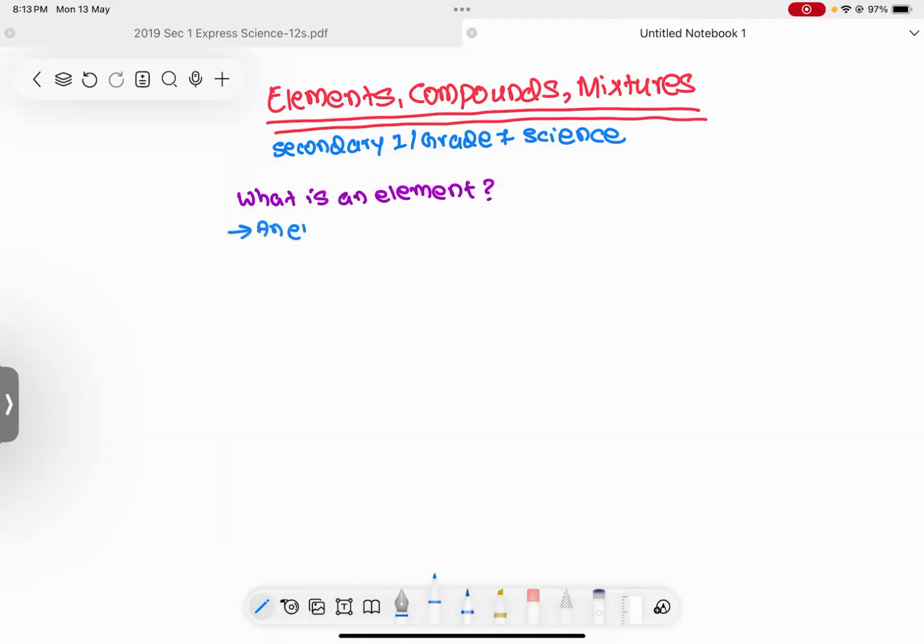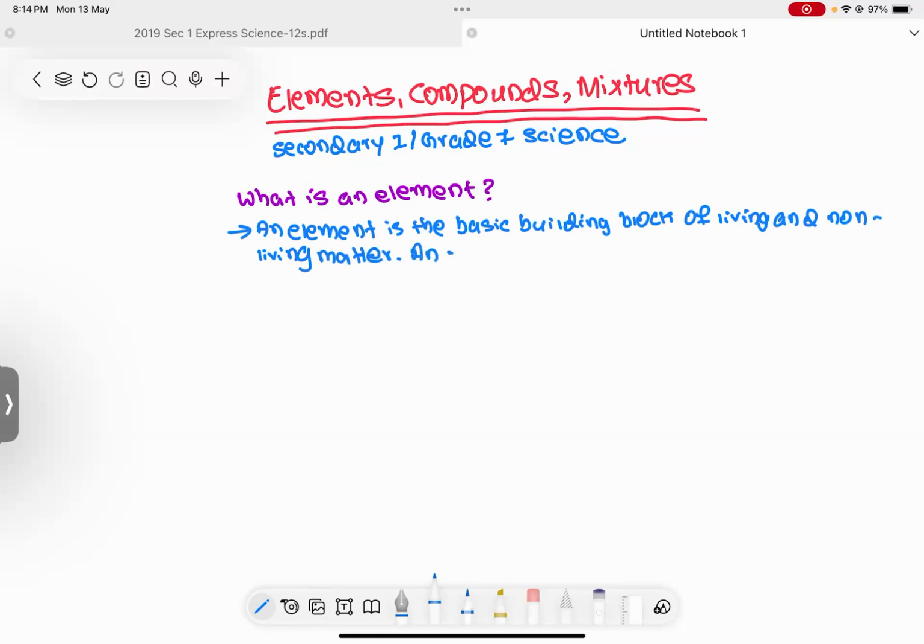An element is the basic building block of living and non-living matter.